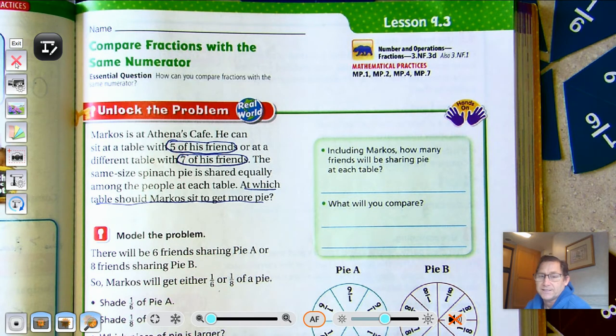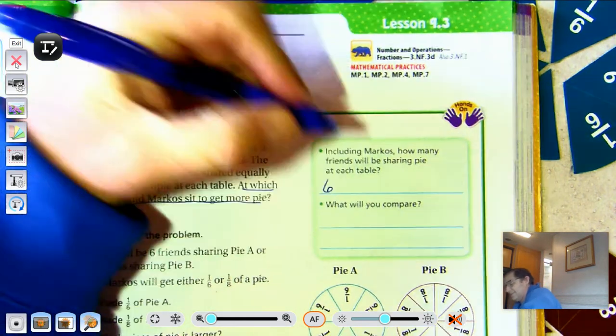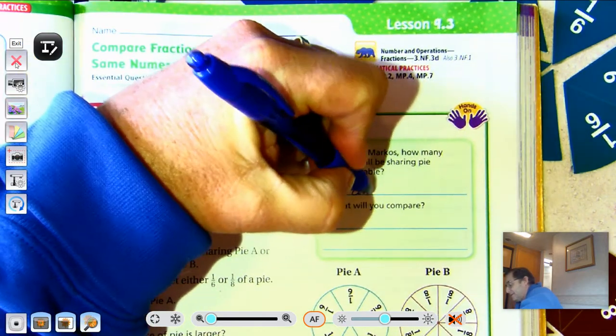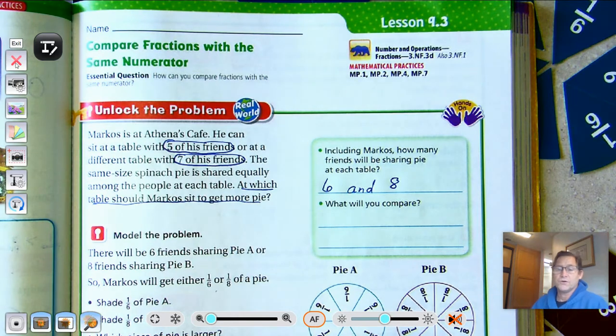So including Marcus, how many friends will be sharing pie at each table? So 5 plus 1 would be 6 and 8. So what will you compare?